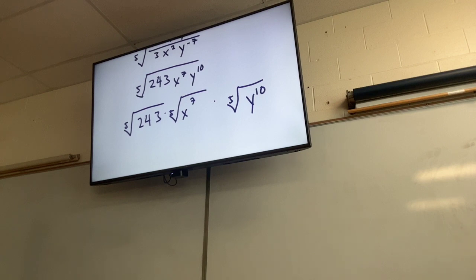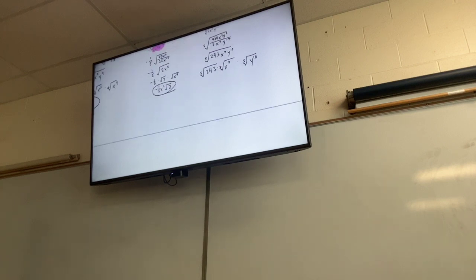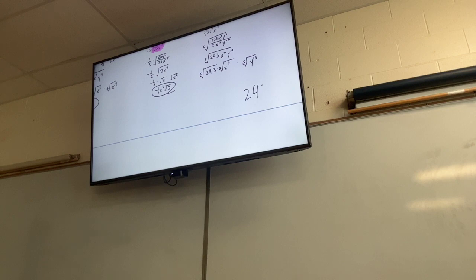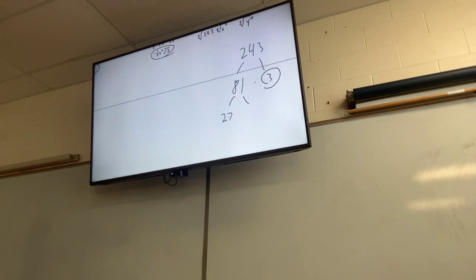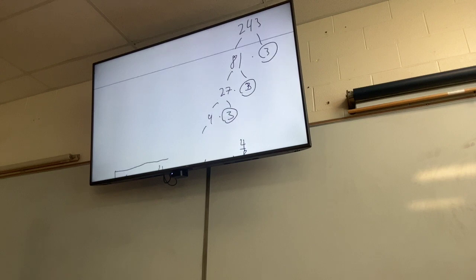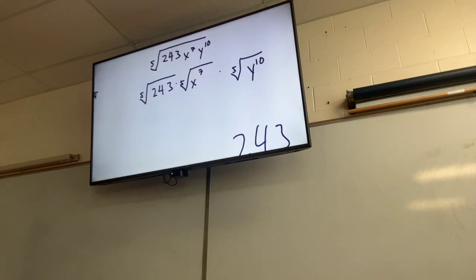Okay, 243. Let's break that down. That's 81 times 3. That's 27 times 3. So this is the fifth root of 3 to the 5th, times x.